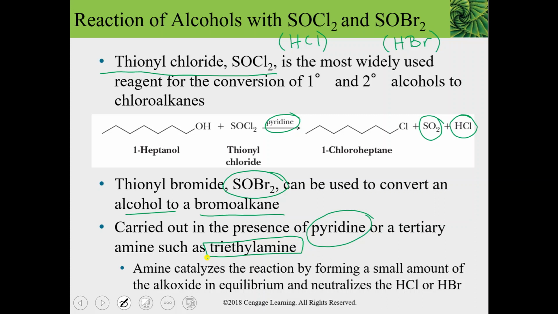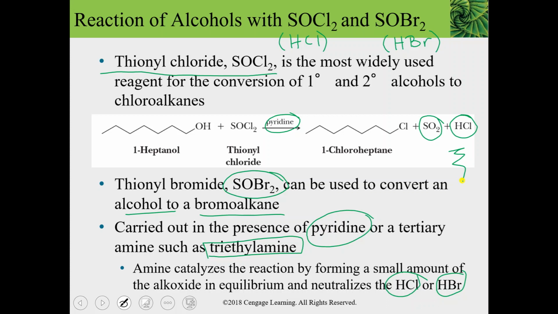Why? Because that's our catalyst for the reaction. We're going to get just enough alkoxide to neutralize the HCl or the HBr. Remember, that's what's formed. So it's a really good catalyst to keep what we want to attach to where we want it to attach, as opposed to forming something else.